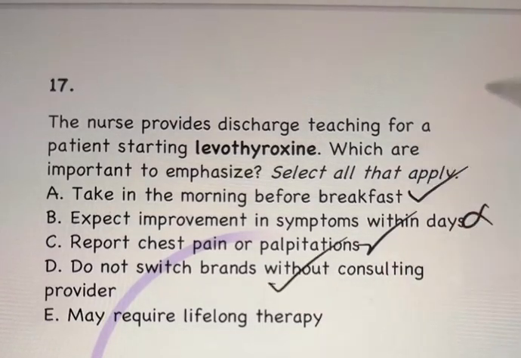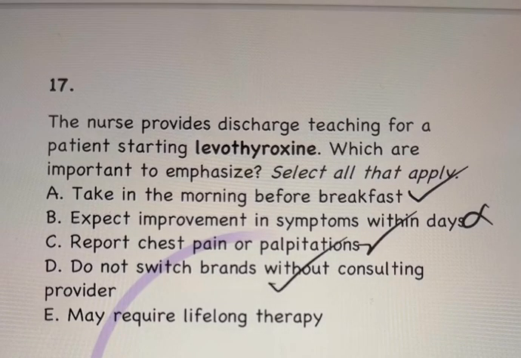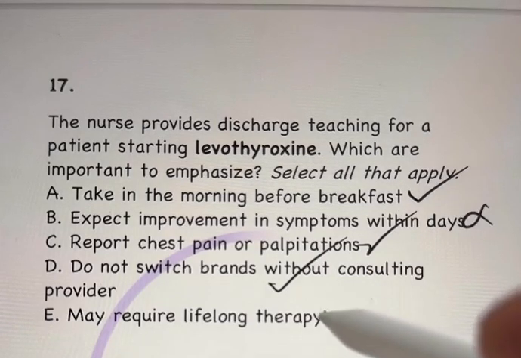Okay, and is thyroxine lifelong therapy? Yes. So E is yes, actually, because hypothyroidism is a chronic condition and patient might need to take it for life. So definitely 17 is correct answer.